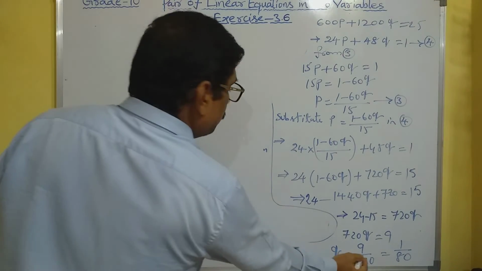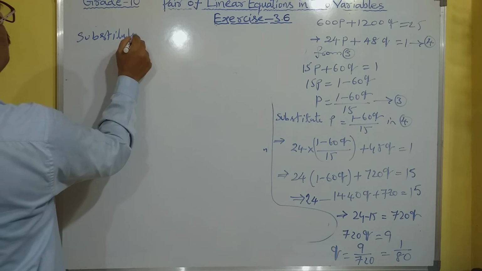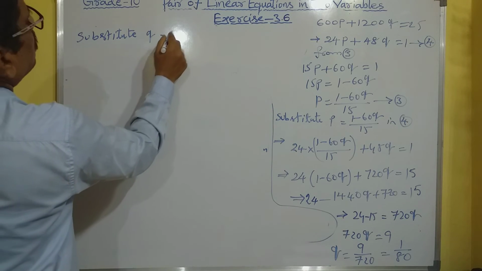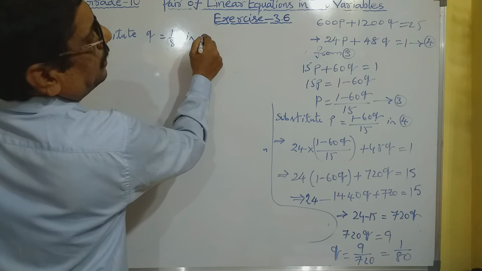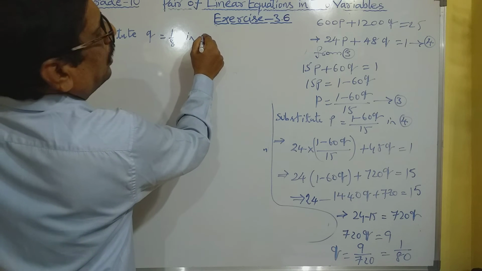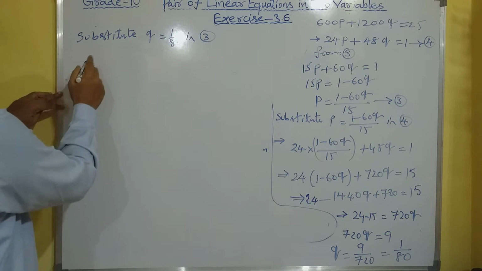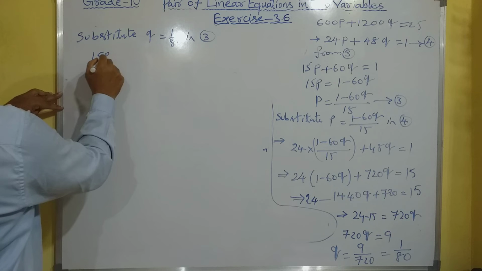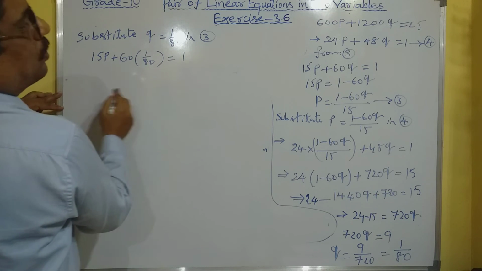Now, this q value, substitute q is equal to 1 by 80 in equation 3. Equation 3 or 4, anything. So let us substitute in 3. What is the third equation? 15p plus 60 into q value 1 by 80 is equal to 1.